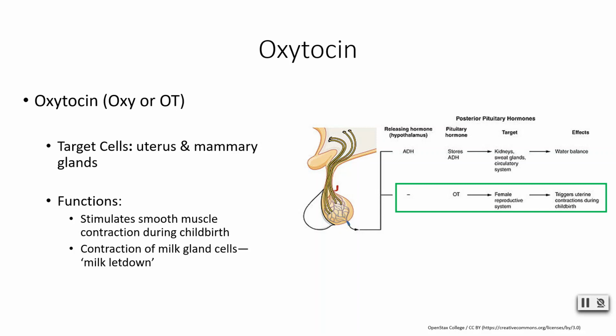First, smooth muscle contraction during childbirth, also known as uterine contractions. We're going to stimulate those. And then the contraction of your milk glands. We call this milk letdown. So prolactin helps us create the milk. Oxytocin actually helps us to expel the milk so we can feed the baby after it's been born.